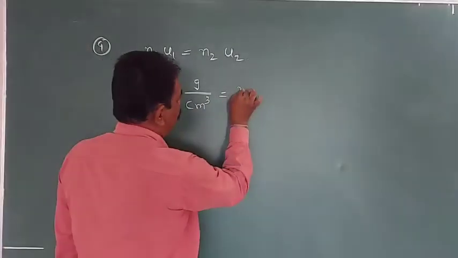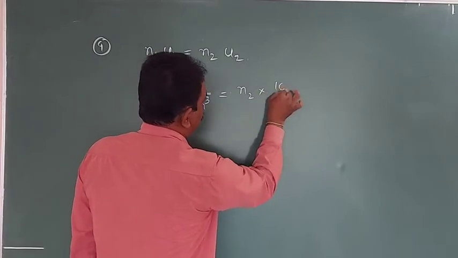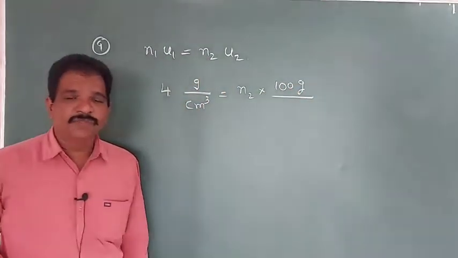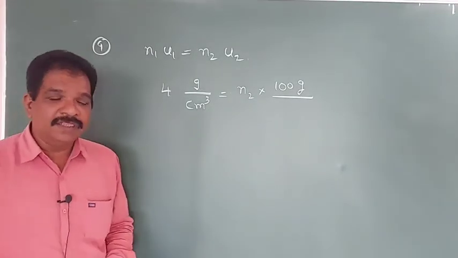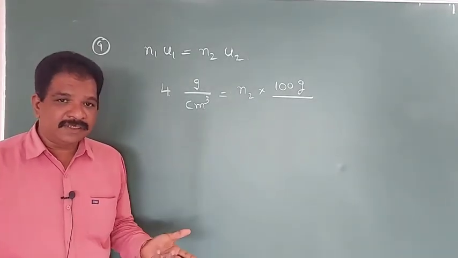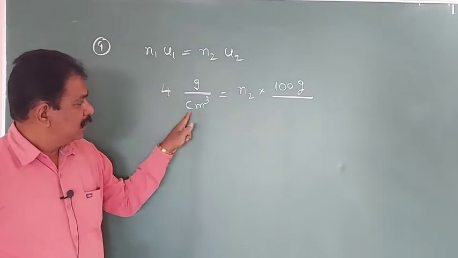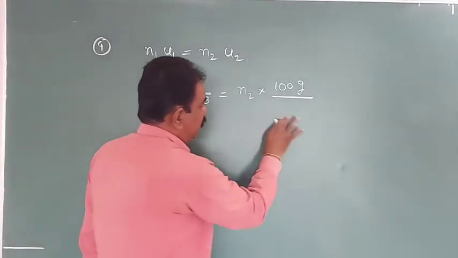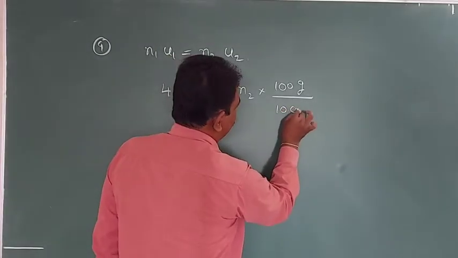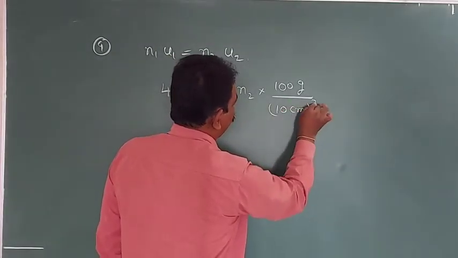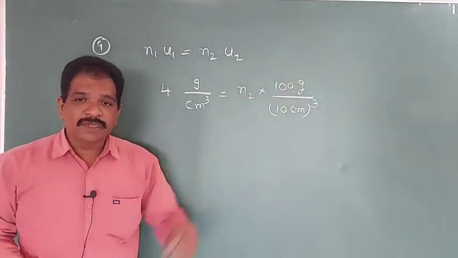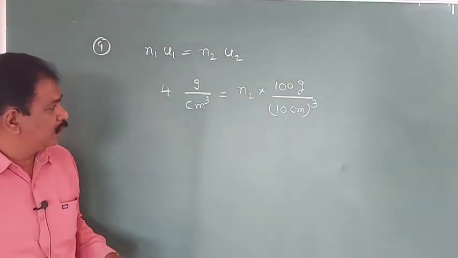We don't know the N2 value. Here the unit of mass will be 100 gram and the unit of length will be 10 centimeter. Since a centimeter cube unit should come, L cube should come, so 10 centimeter whole cube.